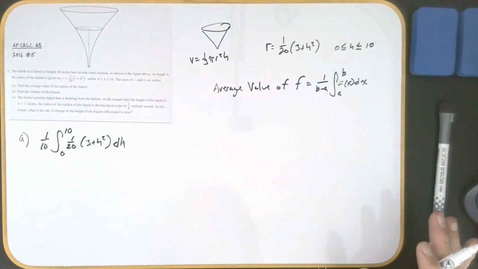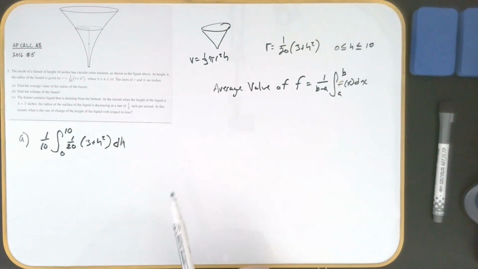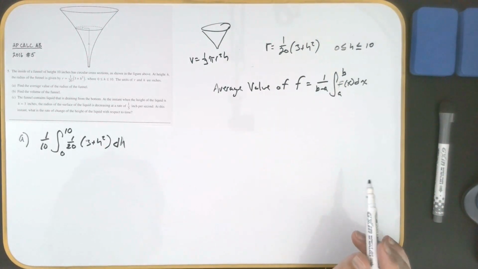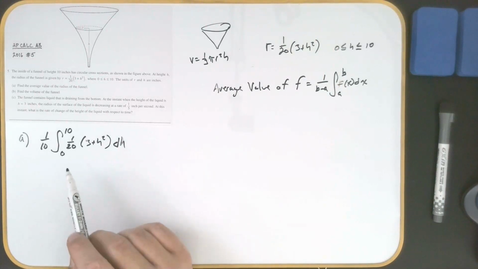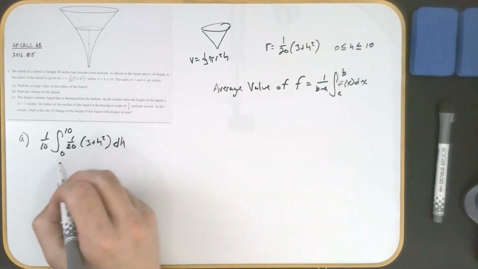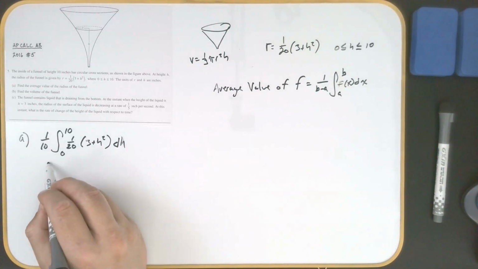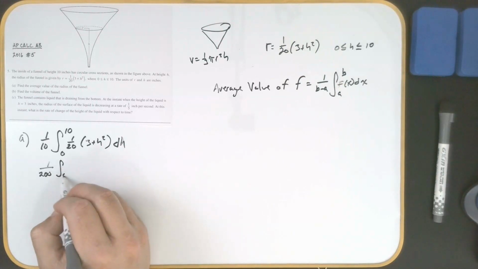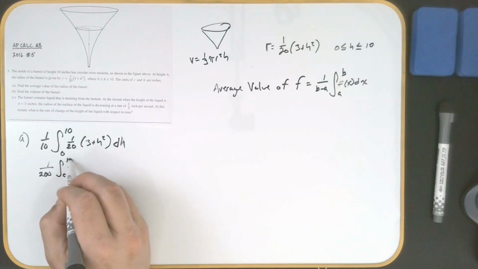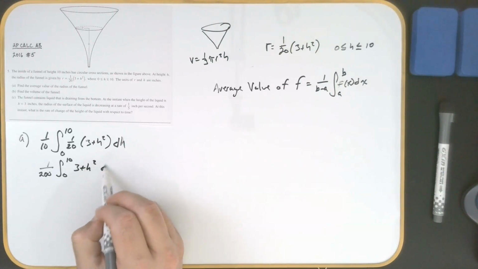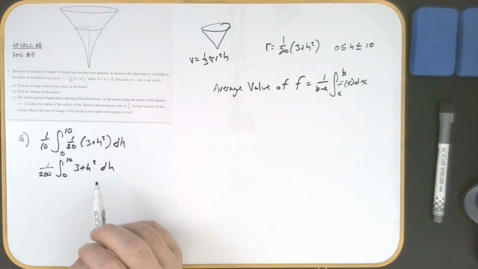Now, since this is question number 5, it is a non-calculator question, so the expectation would be you could navigate this little integral here. So let's take the 1/20th out front, and this will just be a little bit of integral manipulation. So we have 1/200th out front, from 0 to 10 of (3 plus h squared) dh. And that's pretty friendly to integrate.